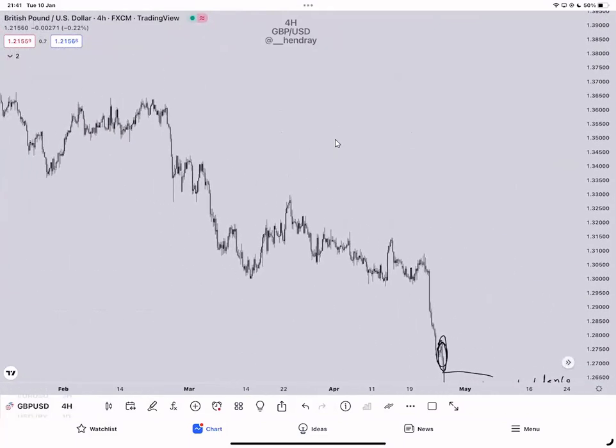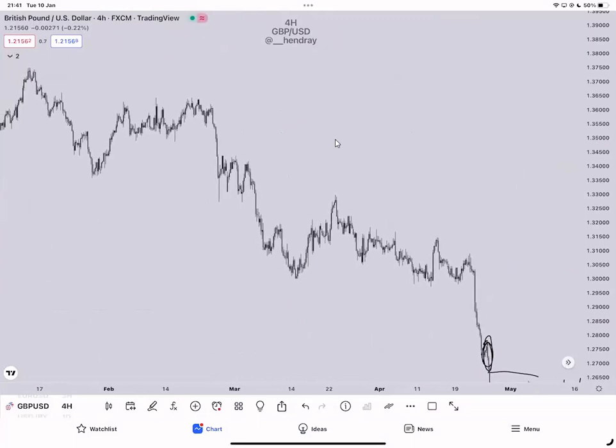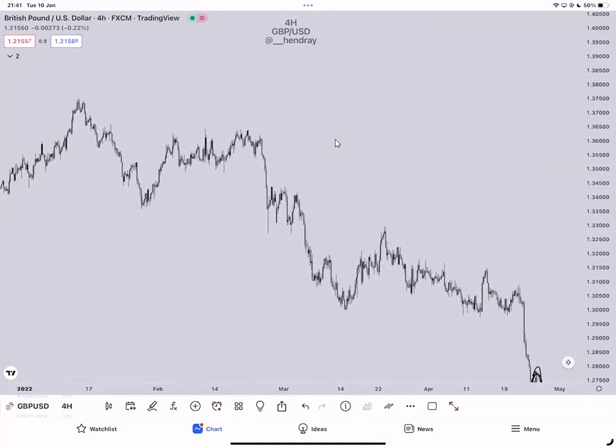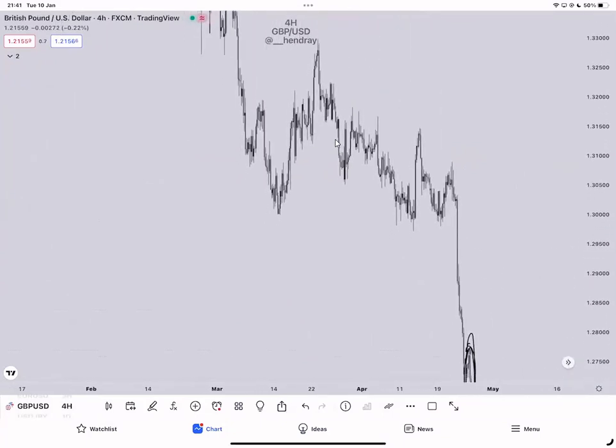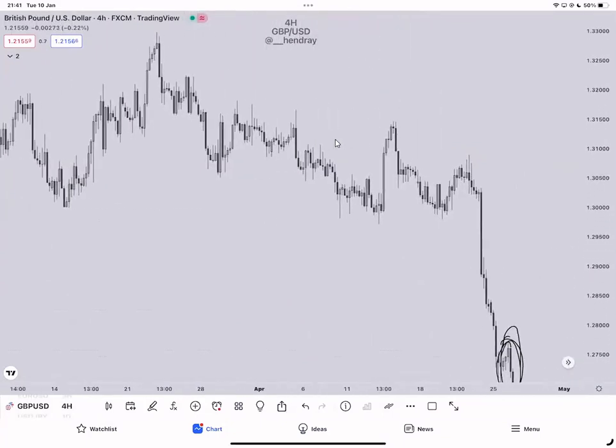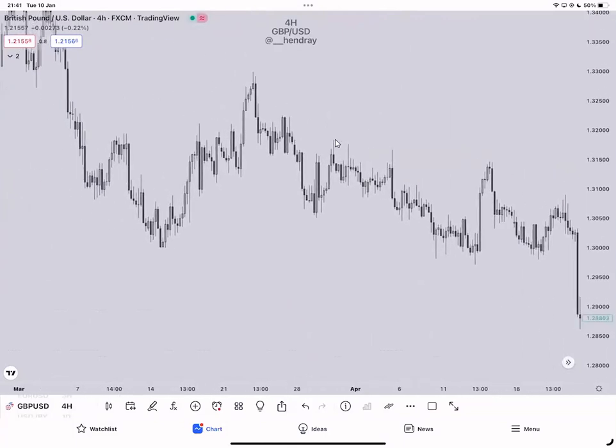Now I want to look for a scenario whereby we have a base that looks like an imbalance, but it is not an imbalance, but a base. I don't know if we have that on this time frame. Let me look closely.